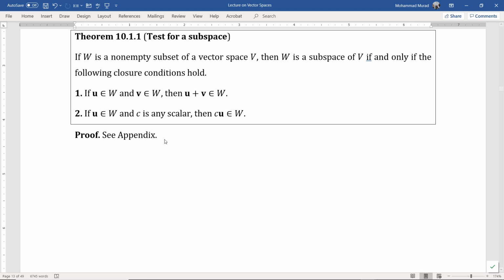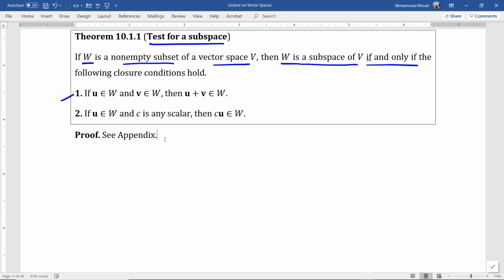Theorem: test for a subspace. If W is a non-empty subset of a vector space V, then W is a subspace of V if and only if the following closure conditions hold.